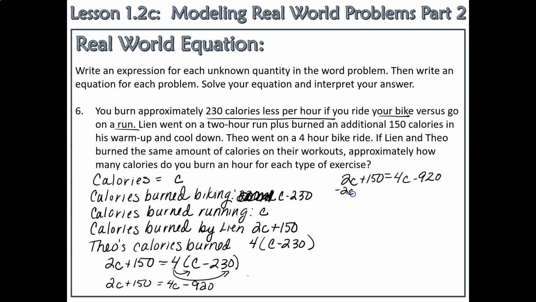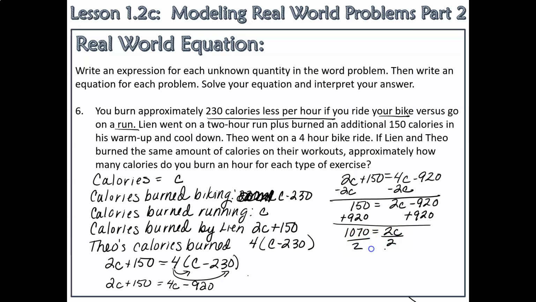I'm going to subtract 2C from both sides. So I have 150 equals 2C minus 920. So now I'm going to add that 920 to each side. So I have 1070 equals 2C. And I'm going to divide by 2.